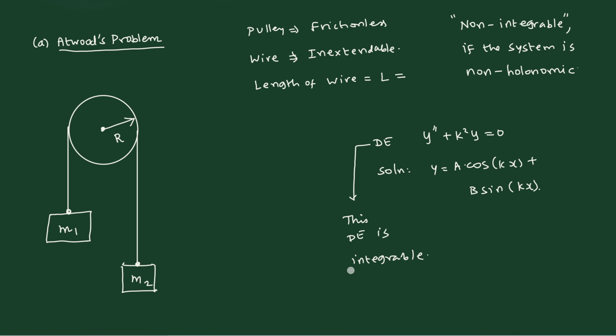So this word is what I am trying to explain. You already know what it is. You take a differential equation, solve it. If you are able to successfully solve it, you get the solution. And you say that, okay, I got the solution. This is a general solution because constants a and b are there. That's fine. But the conclusion finally is that the given differential equation is integrable.